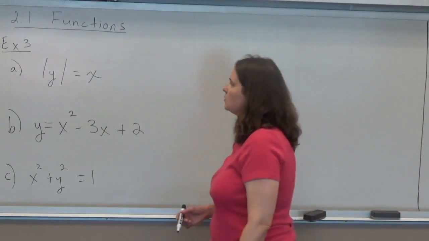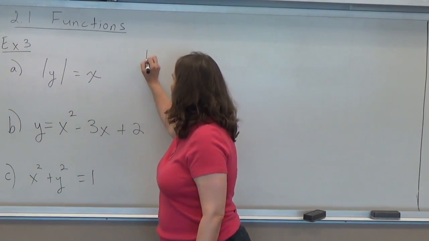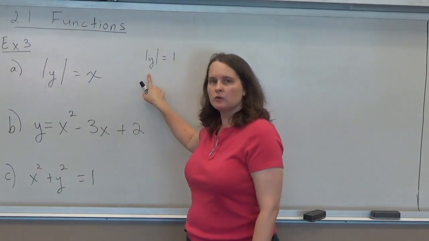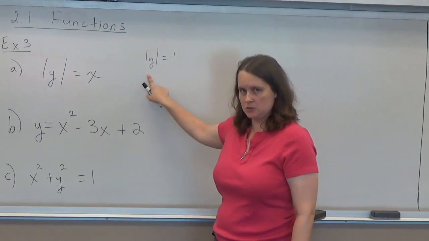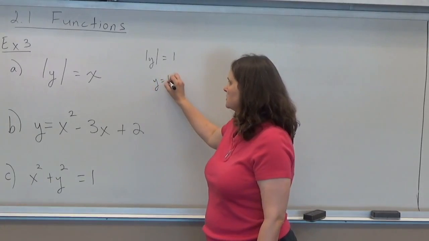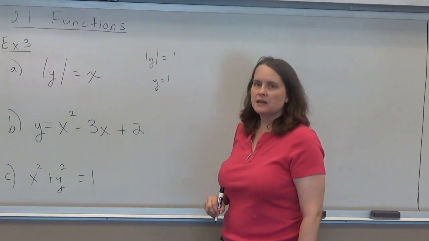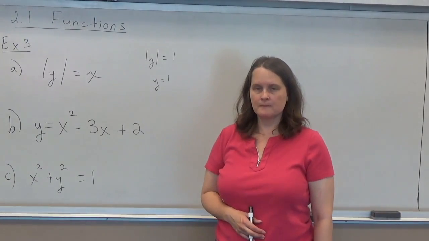If you let x equal 1, then you would have the absolute value of y equals 1. What value of y would make this true? And can you think of more than one? If y equals 1, you've got a true statement because the absolute value of 1 equals 1. Is there anything else that you could put in for y that would also give you a true statement?